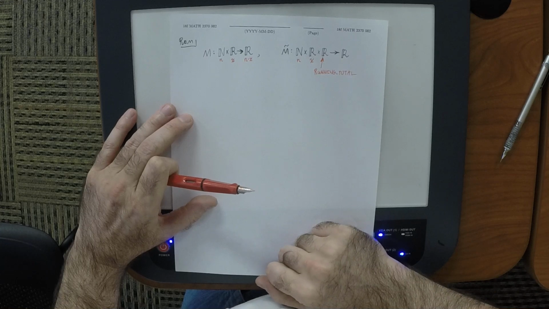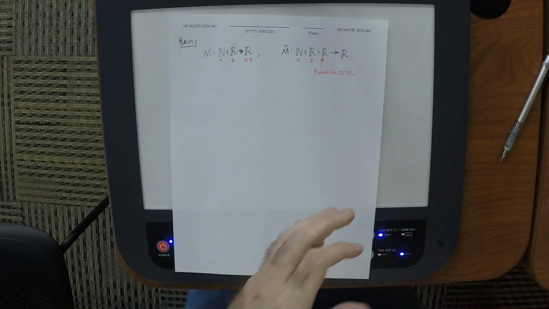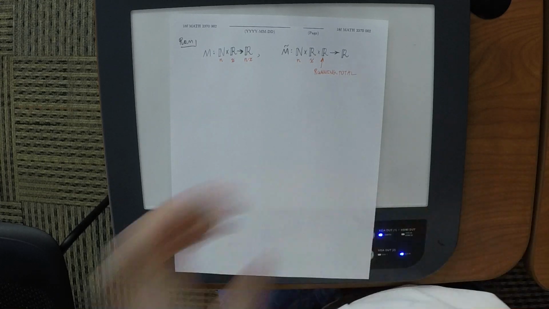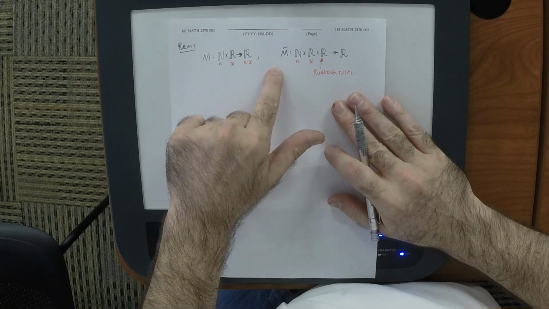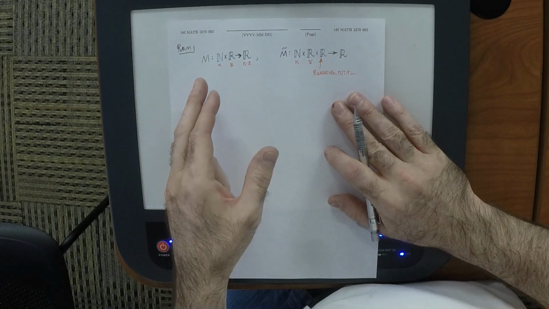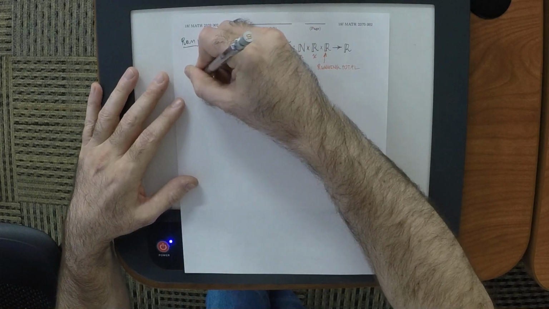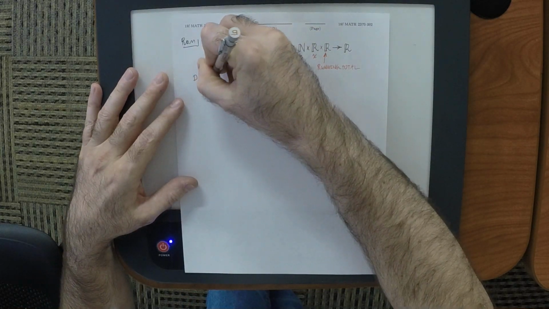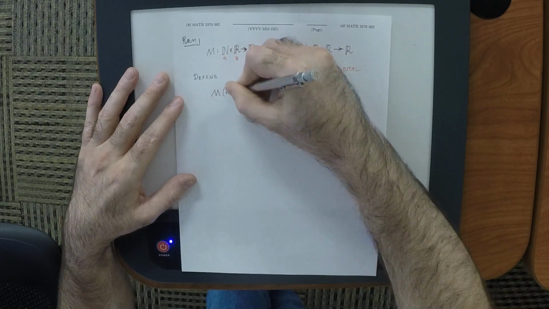All right, so let's see if we can figure this out. Just like for the Fibonacci function where we had g and g tilde, now we're going to do it with m and m tilde. Okay, so we'll define m evaluated at n and x.